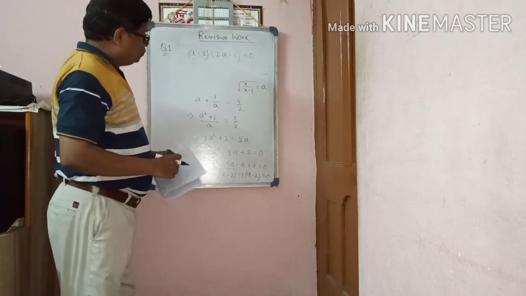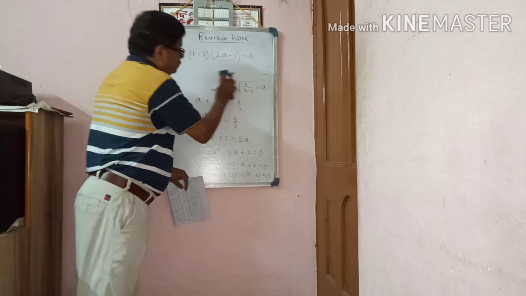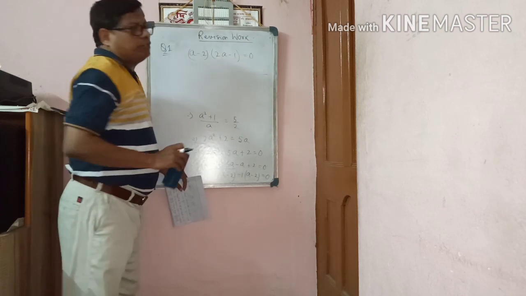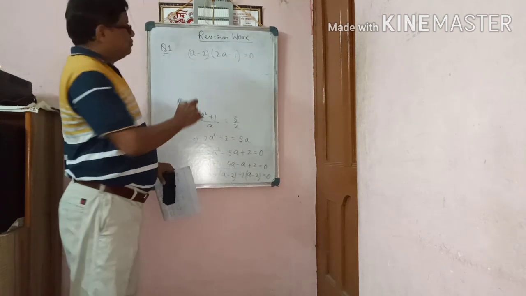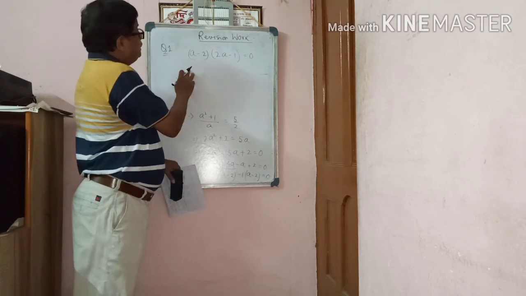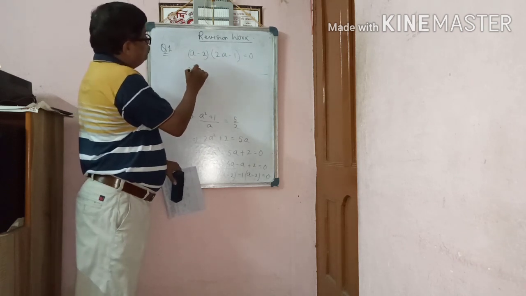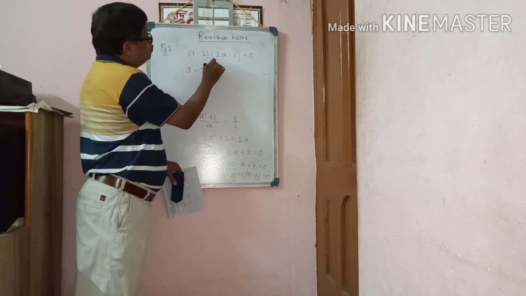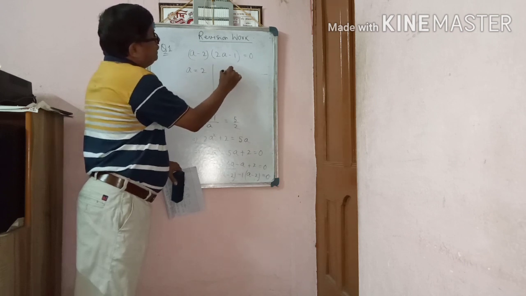All of you know the product of two terms equal to 0, so either this is 0 or this is 0. So a minus 2 equal to 0, that is a equal to 2, and here a equal to half.